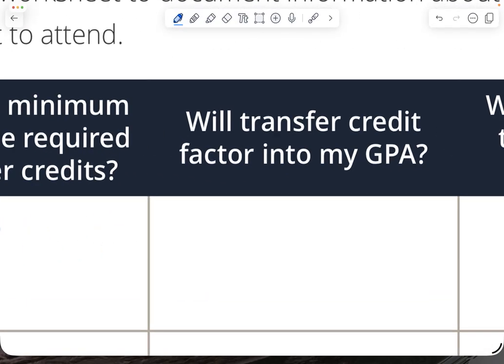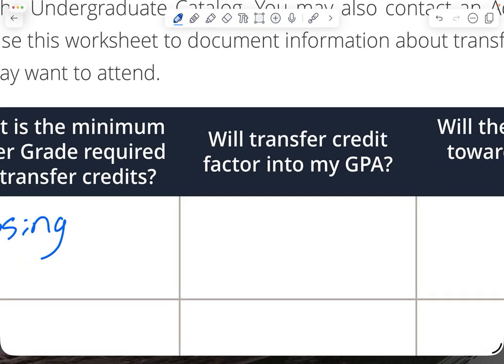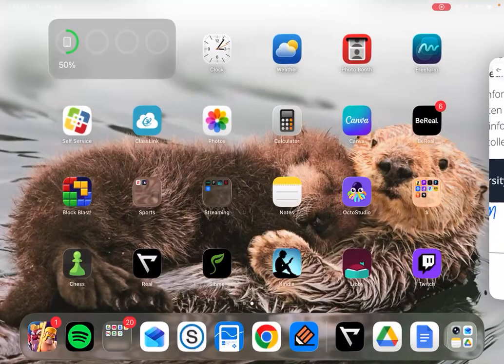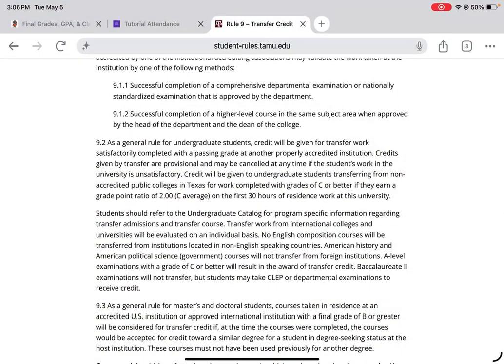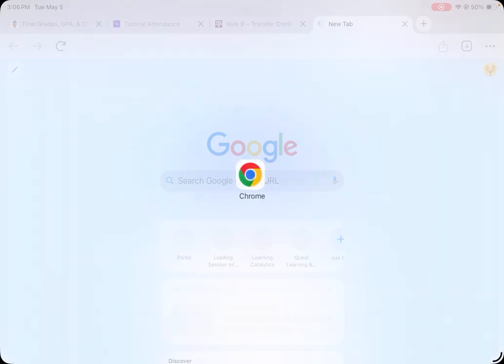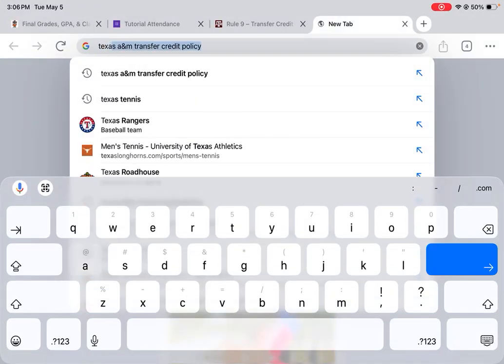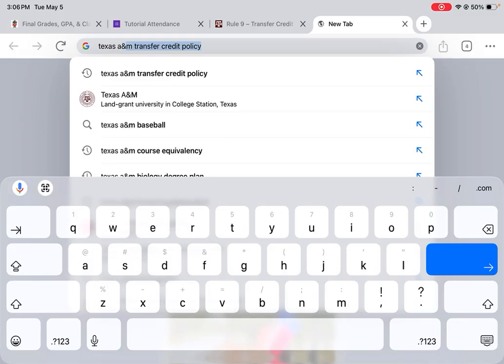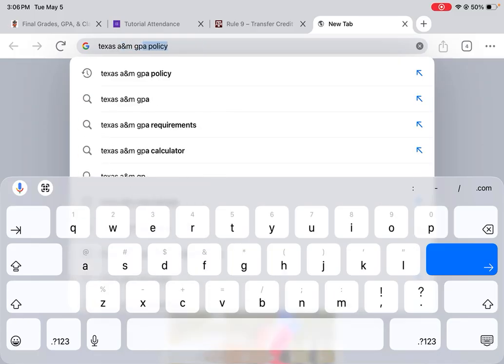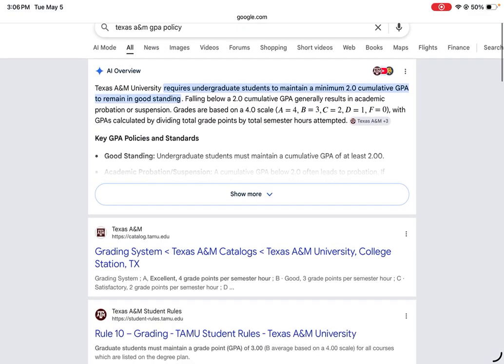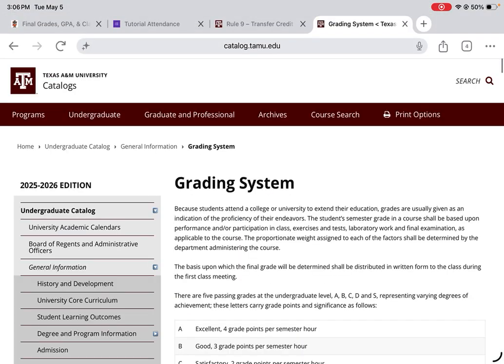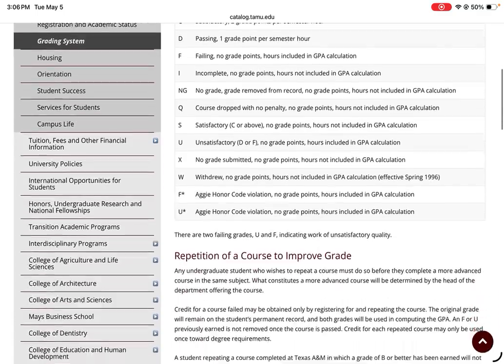And then to find out if the transfer credit will factor into the college GPA, what they have to look up is the school. So I will look up Texas A&M GPA policy. And then it will give you all the rules that Texas A&M has for their GPA system.